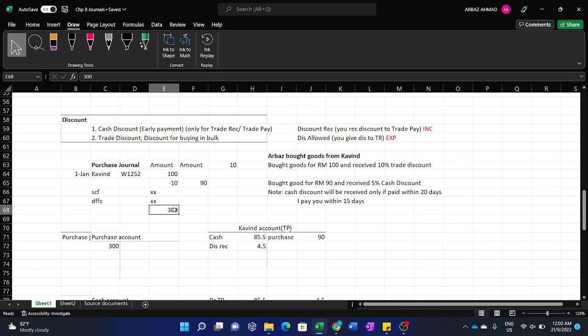This is not the balance, you should be getting the 90 here. So I will take 100 times 10% and I will get the 10, and then I will take 100 minus this. So this is going to be the amount I am going to consider for my journal entry.